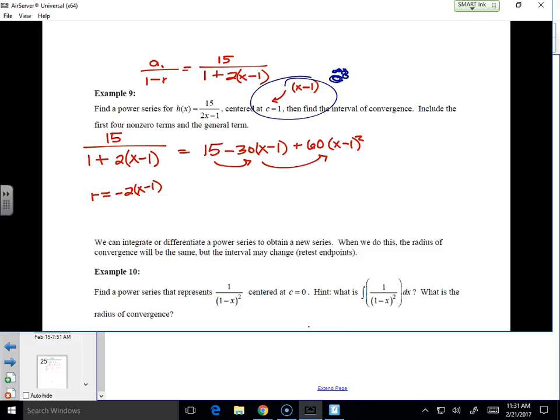Does that make sense? Then times negative 2, x minus 1 again, that'd be negative 120. So you notice I stopped writing the nth term. They rarely ask you to do that, so I just got annoyed with it. But interval of convergence, how would we do that? R is 2x minus 1, negative 1/2.